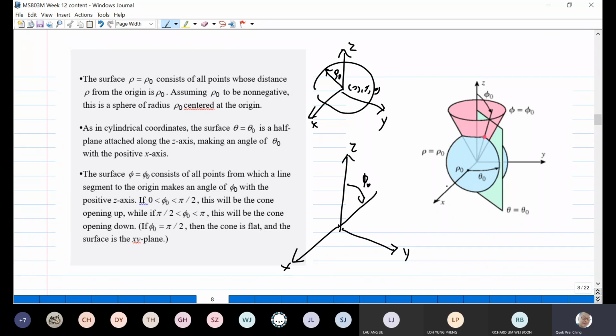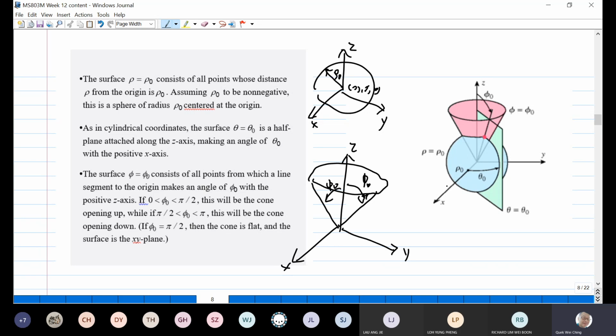All the angles must be phi 0. So when you do that, you are going to get a cone. Same angle in every direction, and what you get is actually a cone. That's why from there you get a cone opening up.